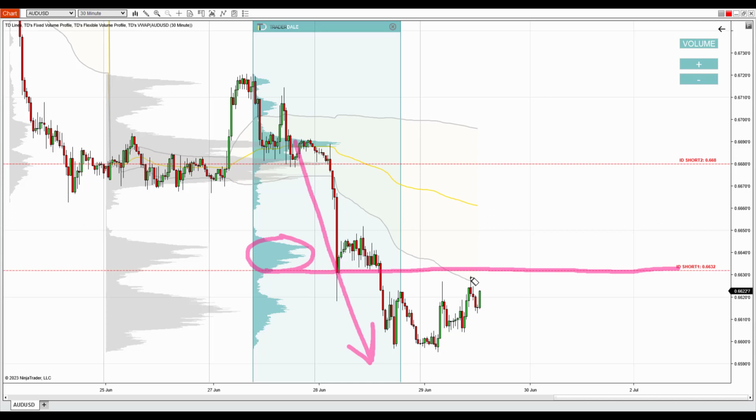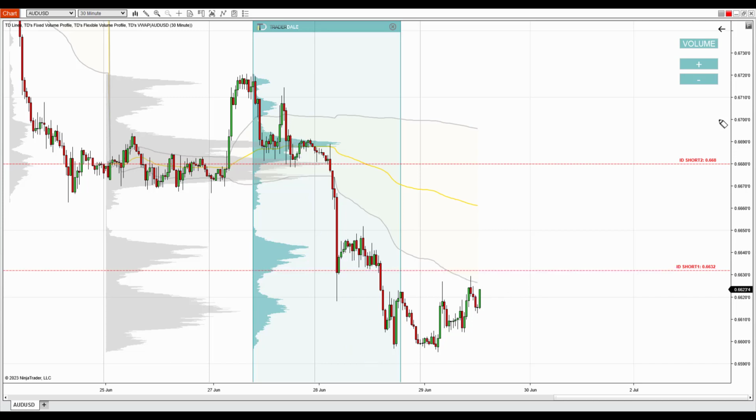Now, it looks like the price already tested that level a little bit sooner, but there was first deviation of VWAP. This is the gray line in here, which often works as a resistance when the price goes below it and when the price is trending like this. So the price reacted to that first deviation a little bit before our level, which was at the beginning of that heavy volume zone. So this level is tested.